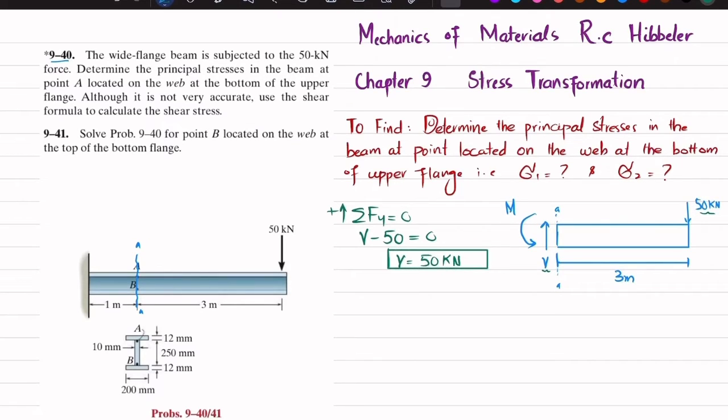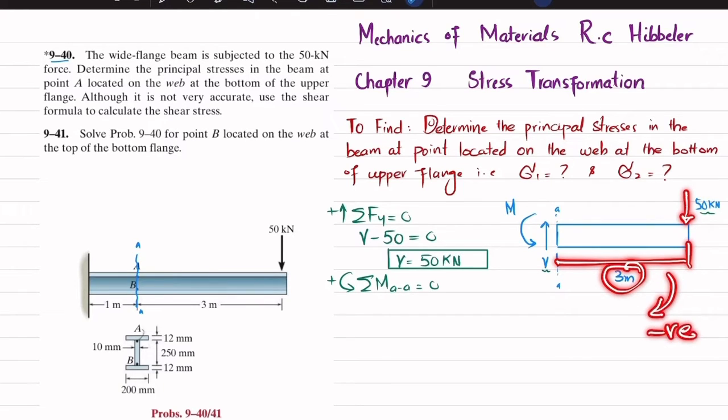Now we'll find this moment. For moment we'll apply the sum of all moments about section AA must be equal to 0, taking the counterclockwise moment as positive. So about this section AA, one moment is due to this 50 kilonewton load into perpendicular distance 3, and this is producing clockwise, so it will be negative. The second moment is this external moment which is counterclockwise, so it will be positive.